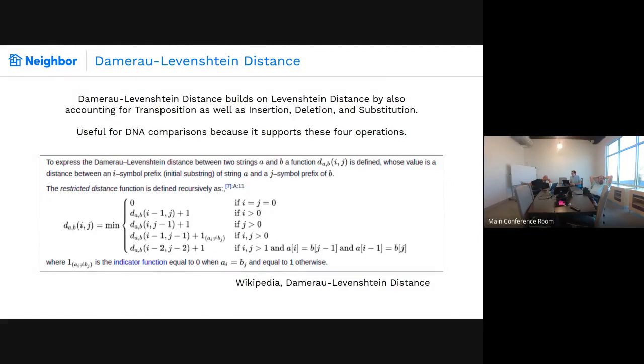So am I right in reading the formula, it does take into account transposition, but it doesn't define it as strictly neighboring characters? They could be. It does. If you see the very bottom one where it's saying -2 and -2, it actually is accounting for it. They have to be adjacent, and that condition on the side, a sub i equals b sub j minus 1.